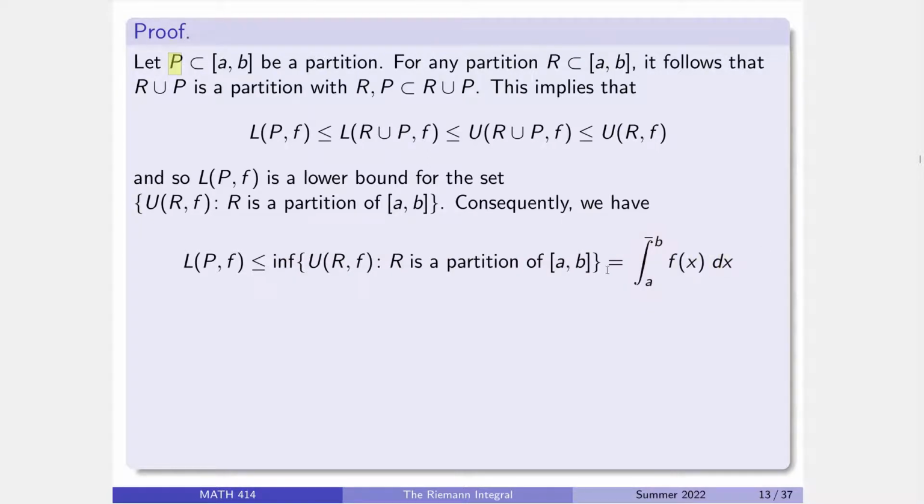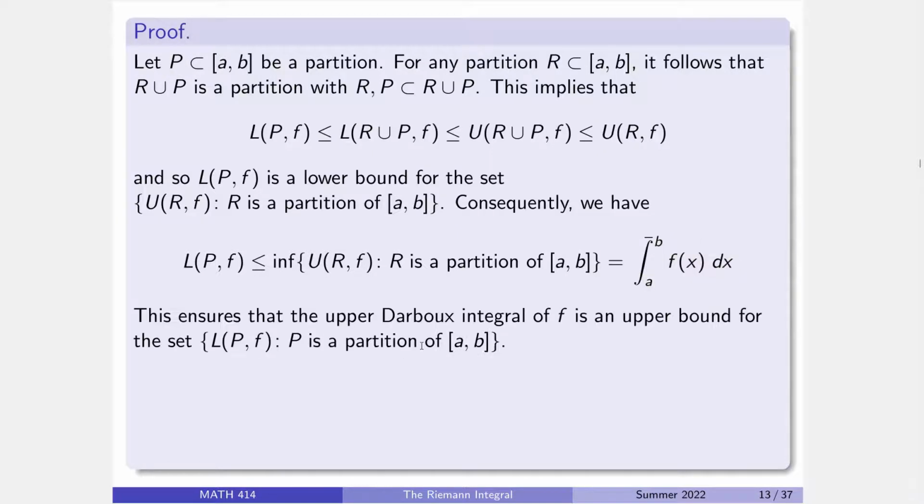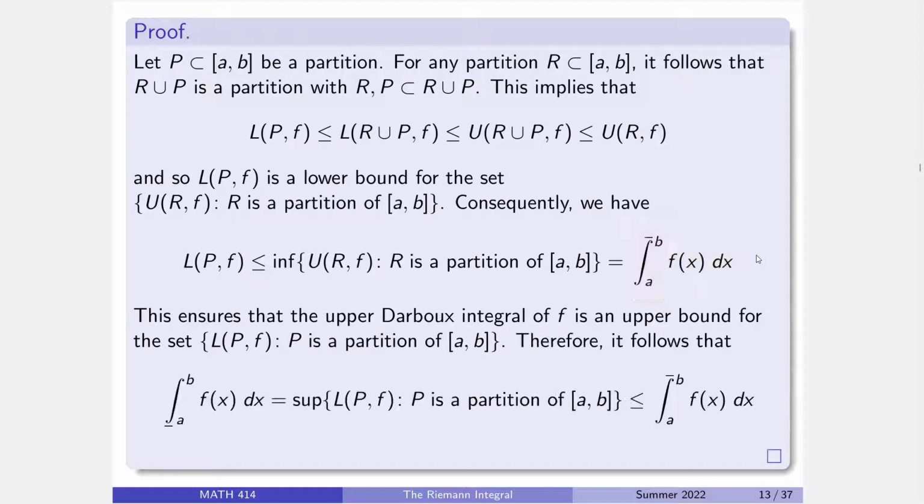And again, now we apply the same logic. P is arbitrary, so that means this is an upper bound for this set, which means that the upper Darboux integral is always greater than or equal to the sup of that set, which was the lower Darboux integral. And there we go. Beautiful. So note, the main thing that we really had to prove was this little thing here, and that required the previous proposition.